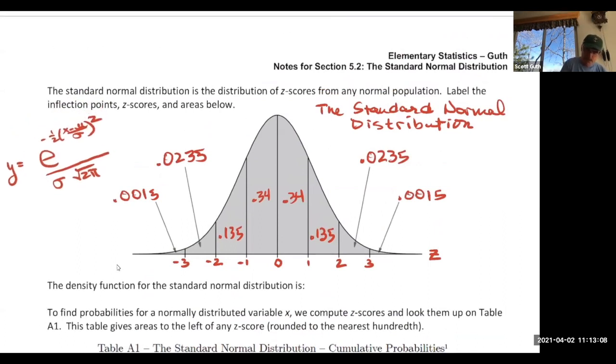And there's a couple ways you can look at this. You could say, well, this part right here is the z-score formula. So we're just going to replace that with a z. So it's going to be e to the -1/2 z squared. And then the standard deviation of z is 1.